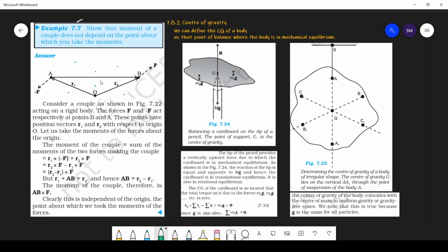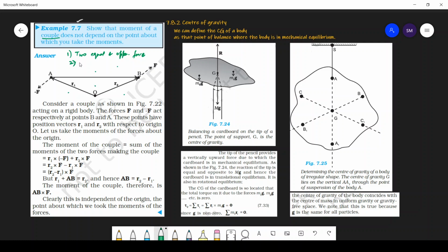So what is the moment of the couple here? What is the net torque, you can say, acting on this? So it's a couple. What I told you, what forms a couple? First thing is, for the couple you need two equal and opposite forces. And second thing, for the couple you need, what is the second thing here?